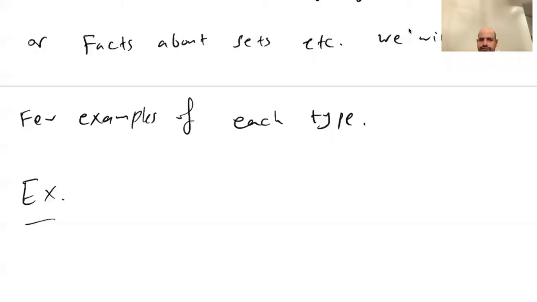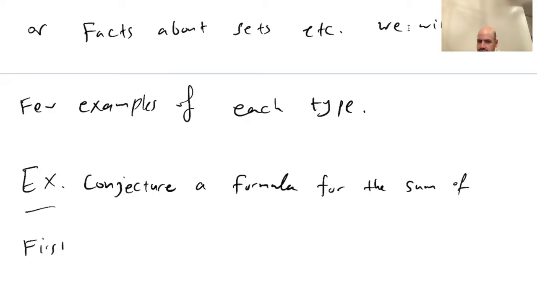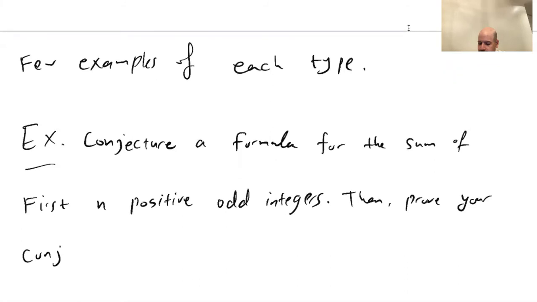Example: make a conjecture for a formula for the sum of the first n positive odd integers, then prove your statement, or prove your conjecture, using mathematical induction.